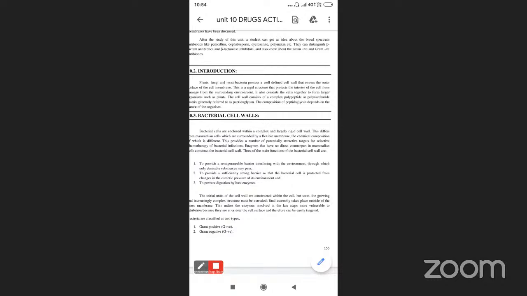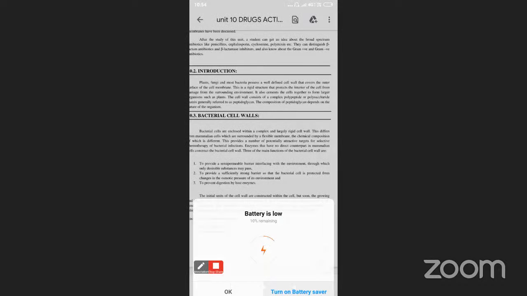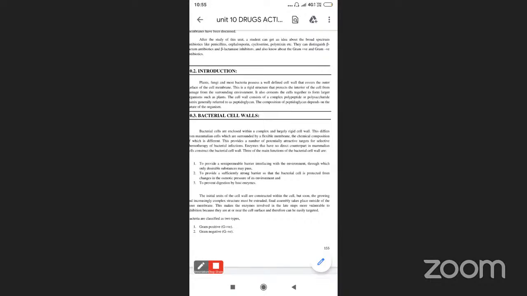And in some reactions, the larger molecule is broken down and becomes smaller. That is anabolism and catabolism, collectively known as metabolism.